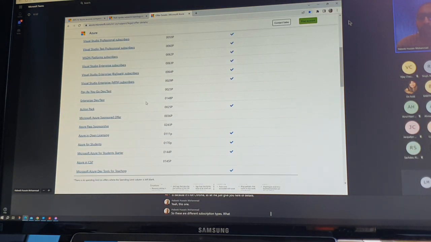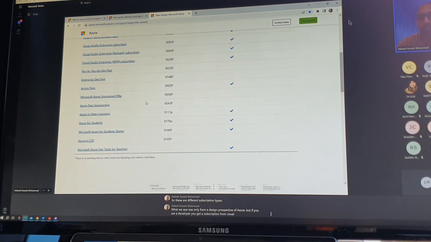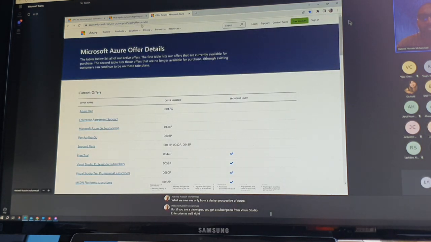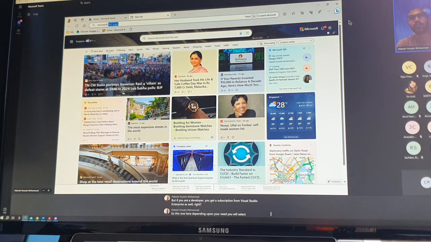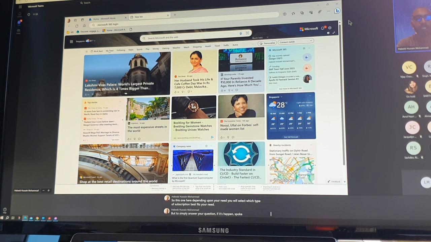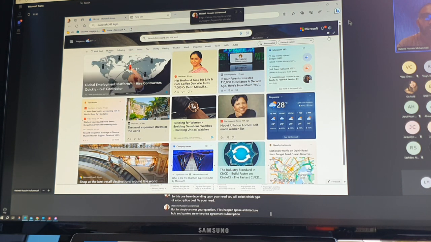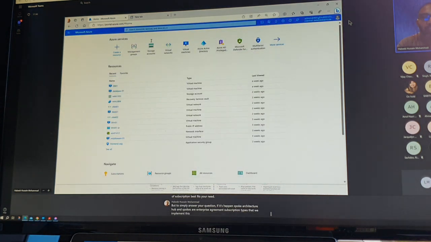What we saw was only from a design perspective of Azure. But if you're a developer, you get a subscription from Visual Studio Enterprise as well, right? Depending upon your need, you will select which type of subscription best fits your need. But to simply answer your question, if it's hub and spoke architecture, the hub and spokes are enterprise agreement subscription types that we implement. Just give me a thumbs up if you're following me so far.